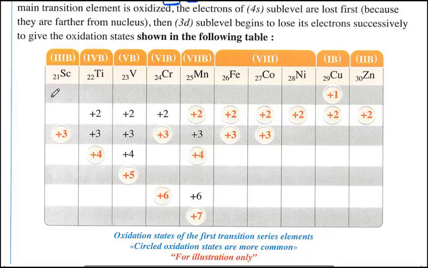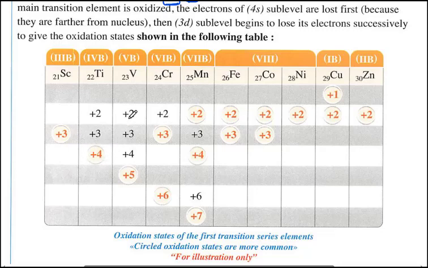Okay, so here 4s1, 4s2 3d1, it loses the 3 electrons. Here 4s1 3d2, it may lose 2 electrons from the 4s, or it may lose 2 electrons from the 4s and 1 electron from the 3d, or it may lose 2 electrons also from the 3d.